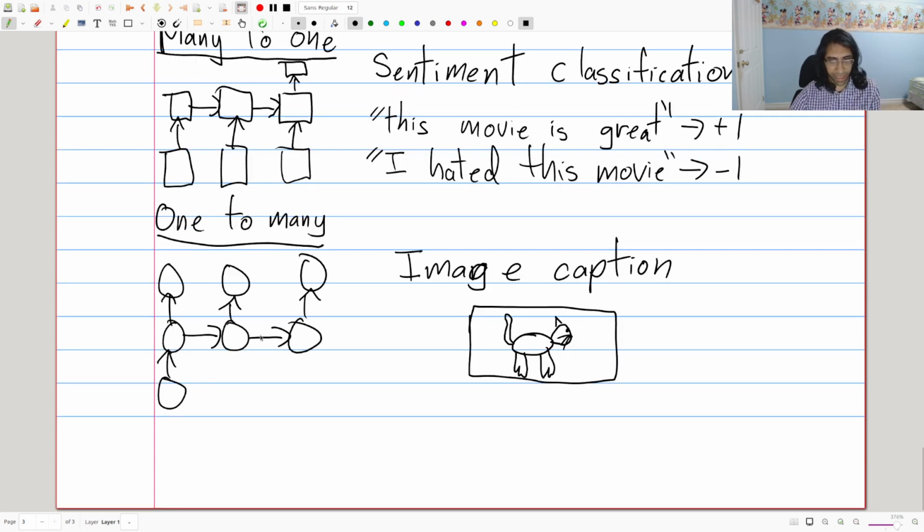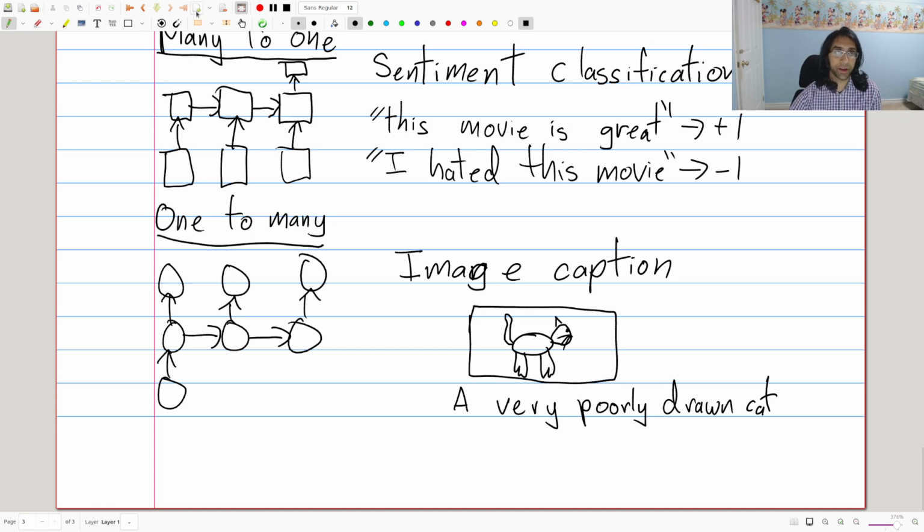There's nothing saying that you have to make it a string or something. This could be just the image you pass in. Maybe there's some sort of convolutional network that goes into this. But the point is that you feed in some sort of image and maybe it'll give you some caption. So text generation is a frequent case where you'll have a many length output.